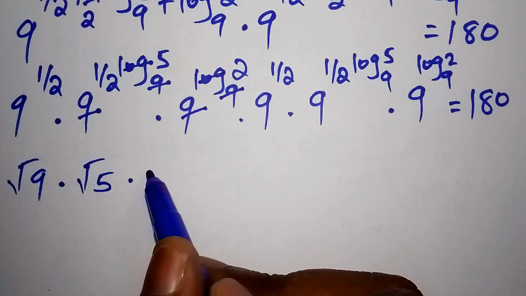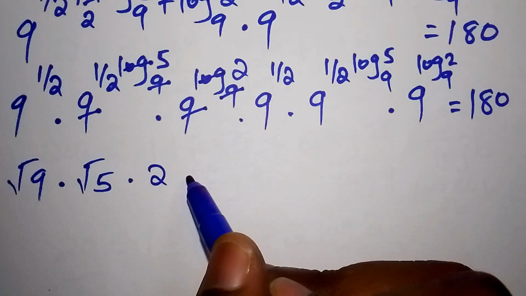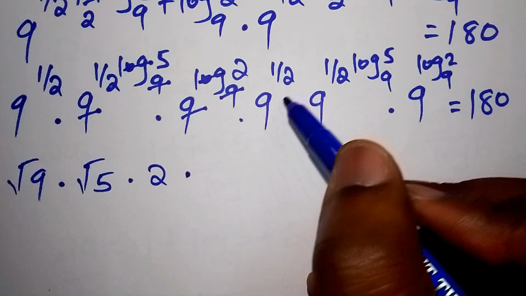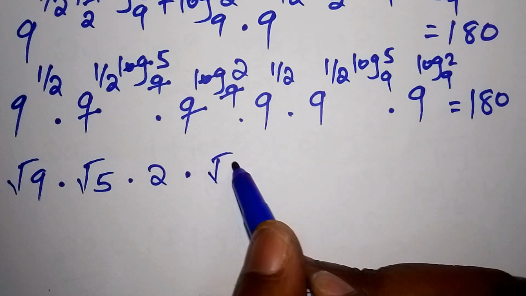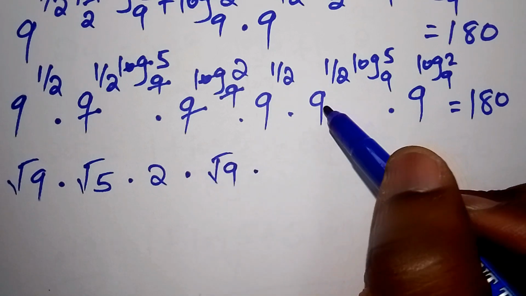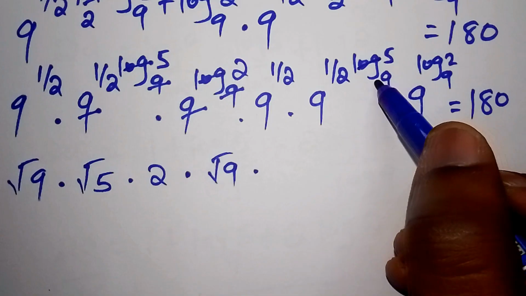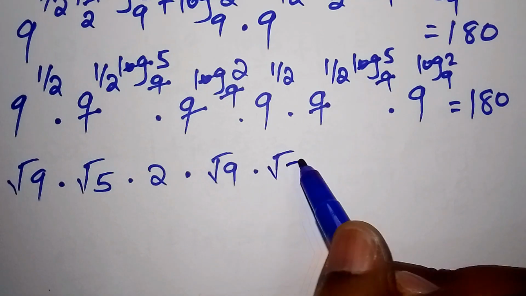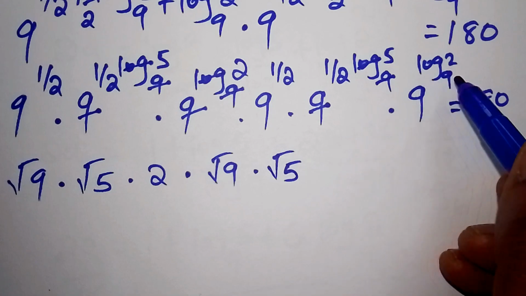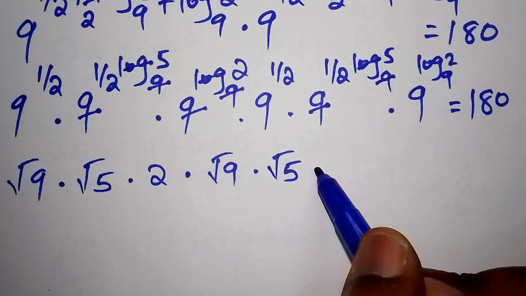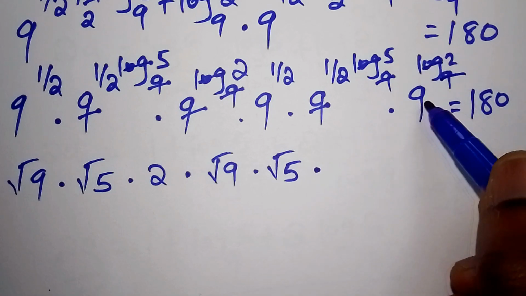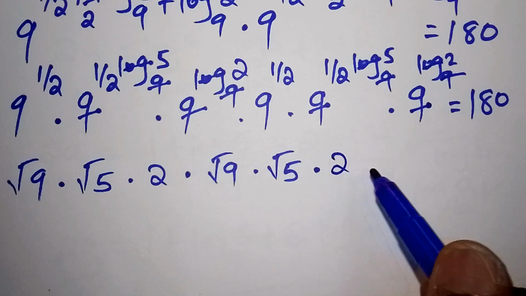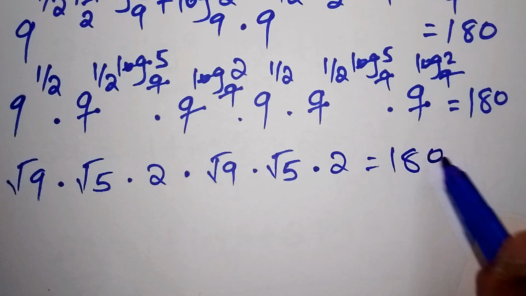Then we have the root of 9, multiplied by the root of 5, and multiply by 2, is equal to 180.